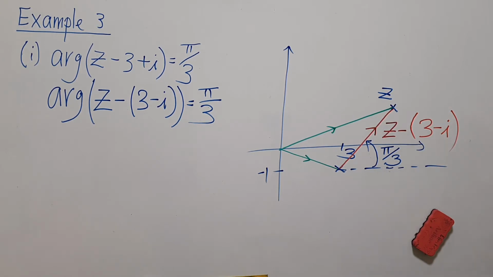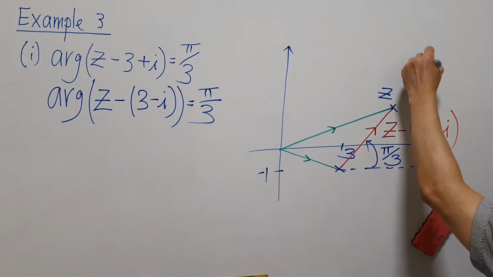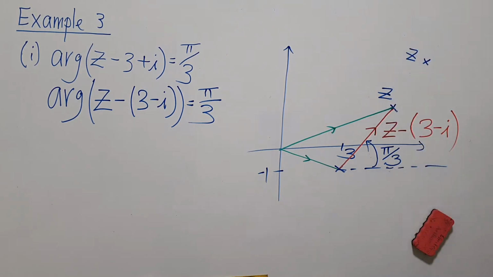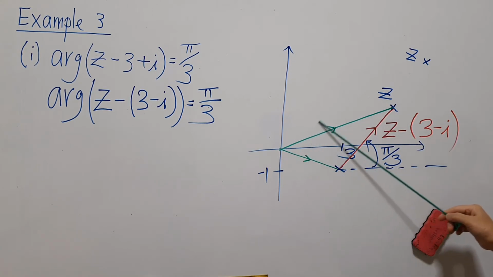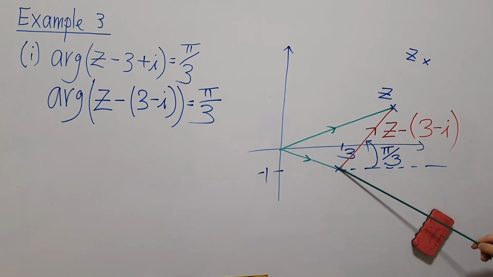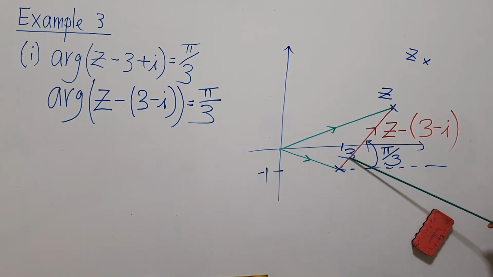How about a point here? If I call this another z, then once again you can draw a dotted line from 3 minus i, and this one from here all the way to this point will be my new z minus 3 minus i.